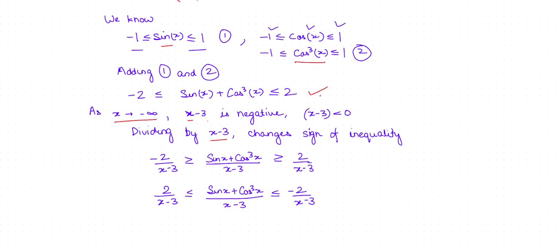If we divide anything by a negative, suppose x is greater than 3 and we divide by a negative, this becomes x is less than -3. So we change the sign when we divide by a negative. So as we divide by x minus 3, we change the sign from less than to greater than.